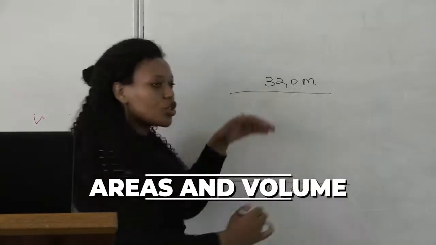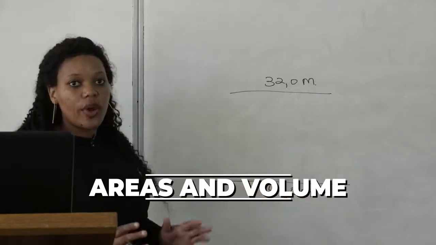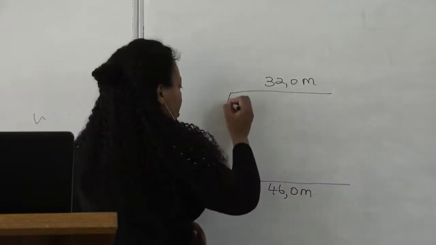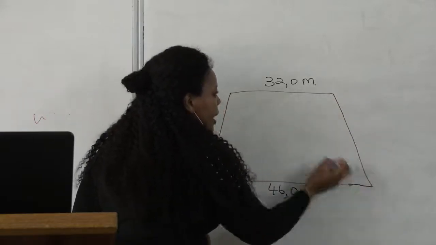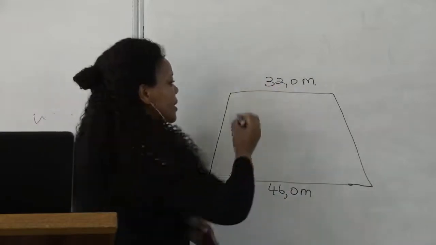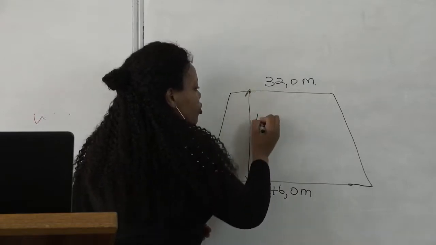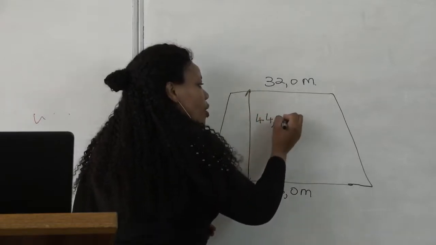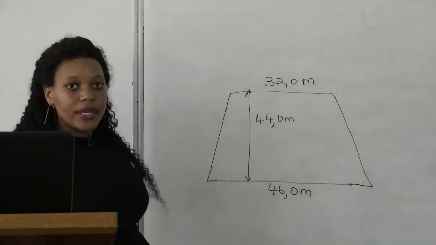We know that the short side and the long side are parallel to each other when you are drawing the trapezium. We are also told that the perpendicular distance between these two sides is 44,0 meters, which is the height of the trapezium.